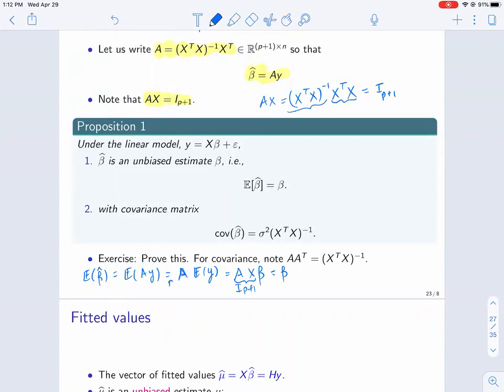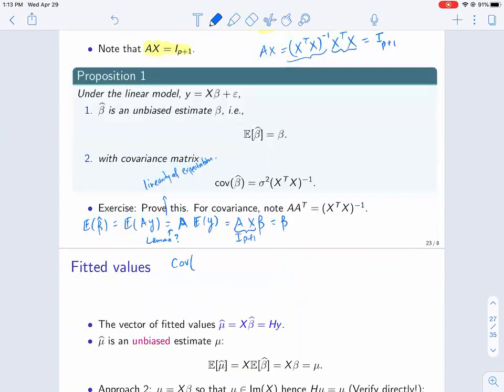You use the lemma that you can pull out the matrix; this is the linearity of expectation. You can see the results that we developed are very helpful. We can use them to derive interesting results. Now you know that the expectation of beta hat is the same as beta, so beta hat is unbiased for beta.